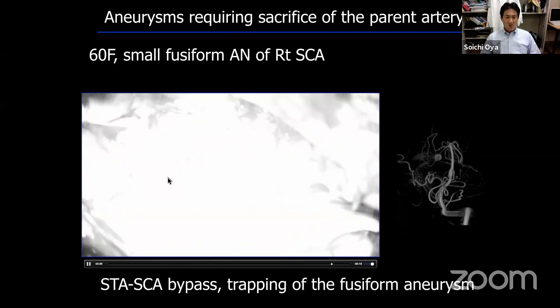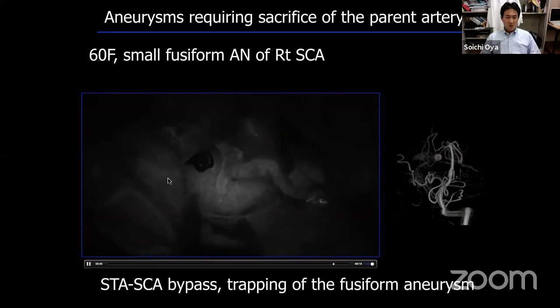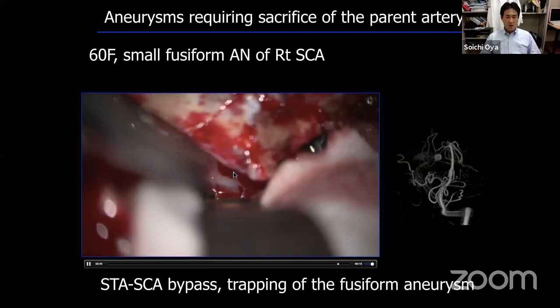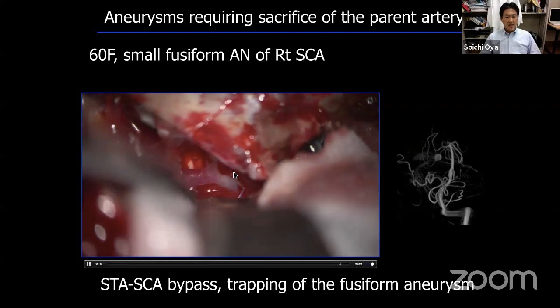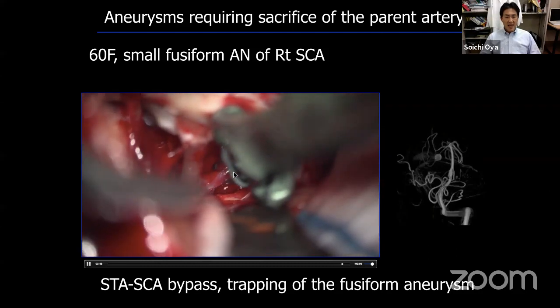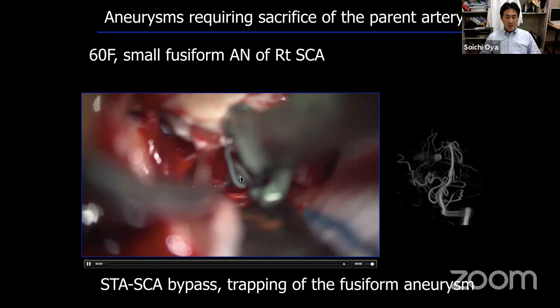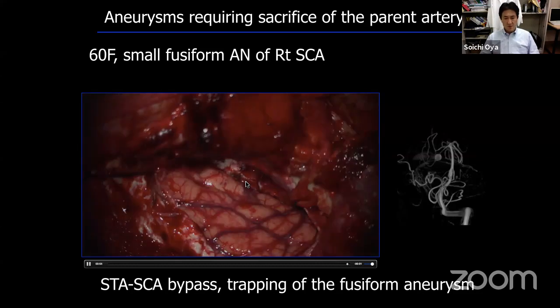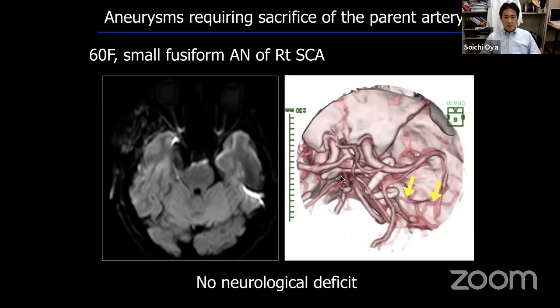ICG video angiography showed a good patency via the donor artery. And the last step, I added another clip to the proximal portion of the superior cerebral artery. She had no infarction, fortunately, and the postoperative 3D CT angiography showed the bypass vessel here.